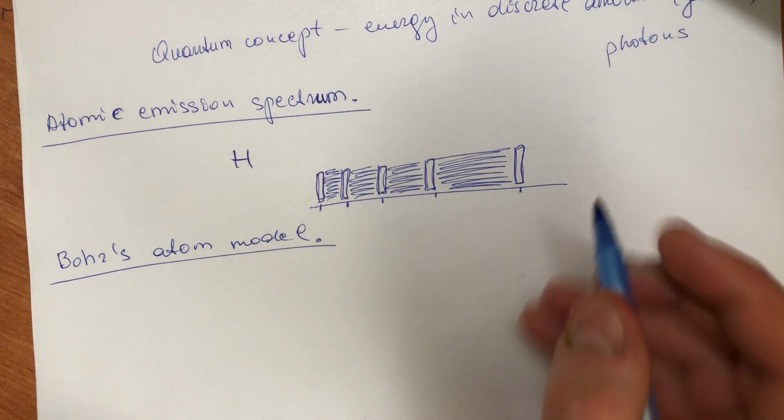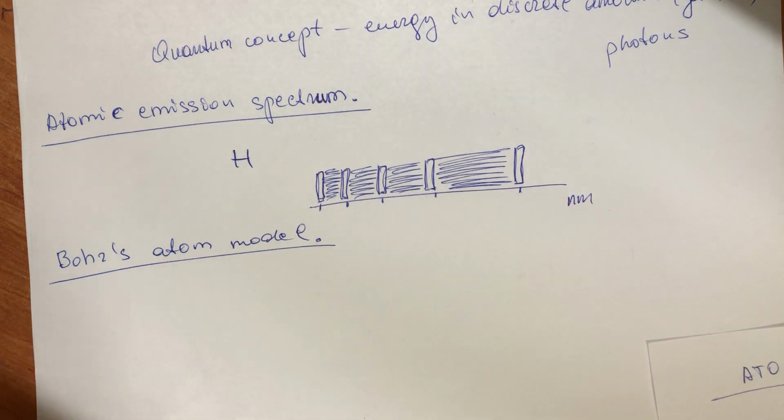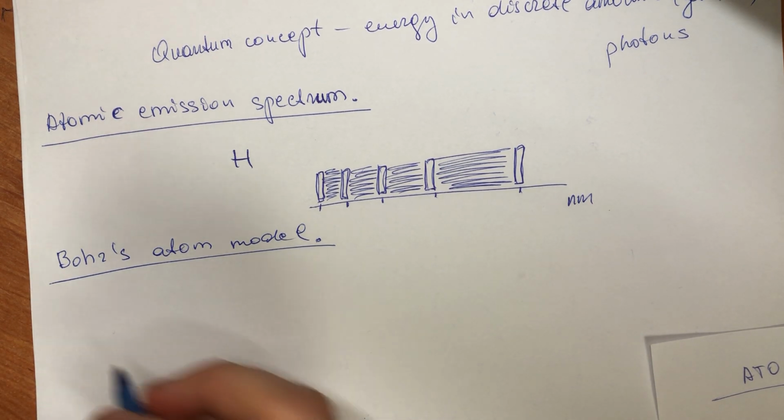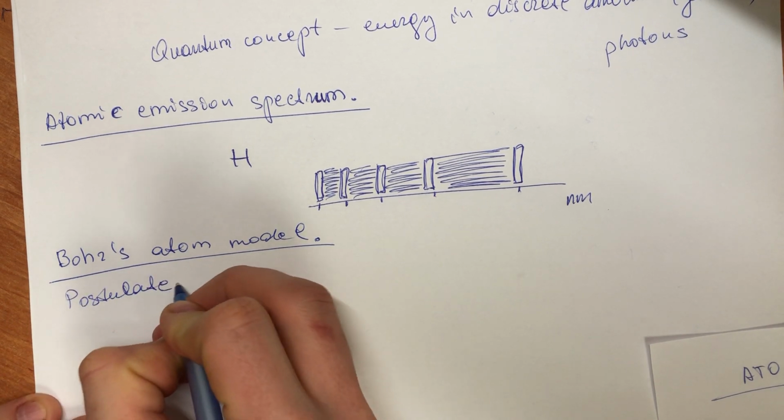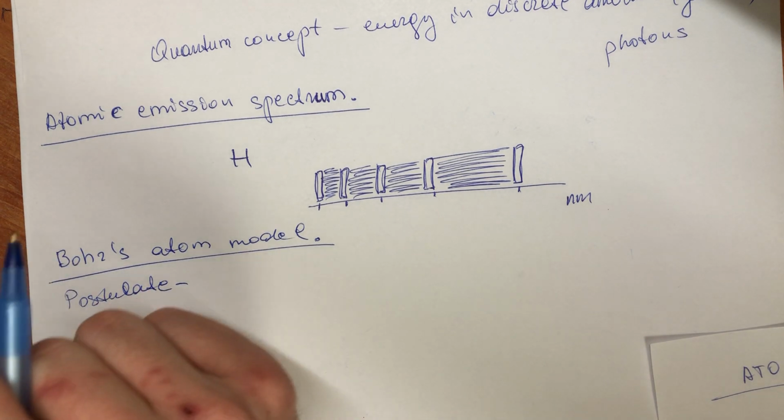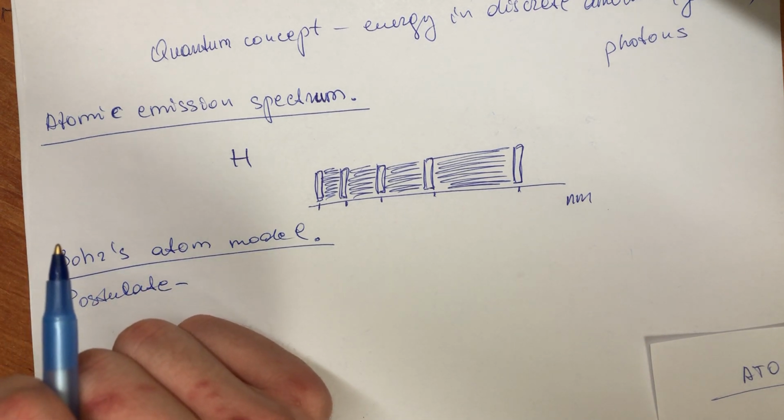He tried to explain these things, and he proposed an atom model, and he made a postulate, where postulated means some kind of assumption that is not proved.